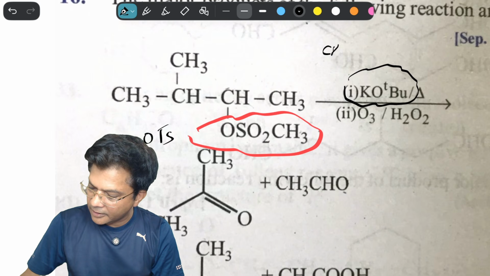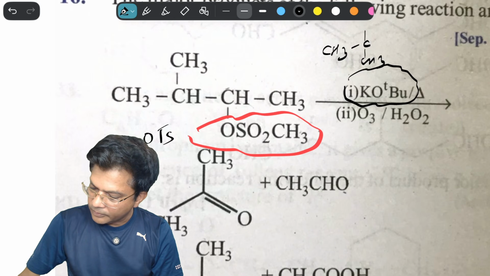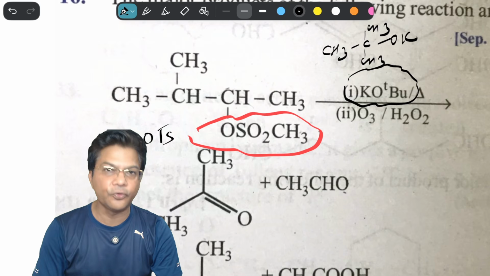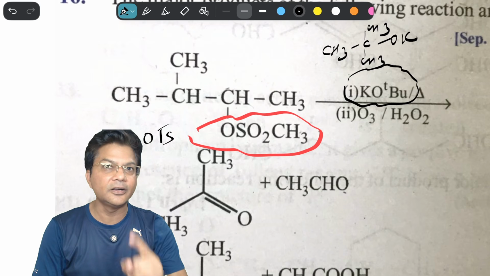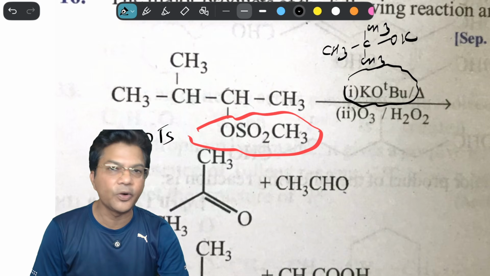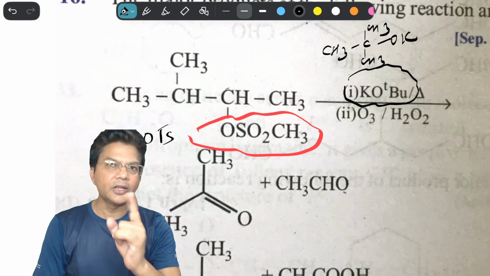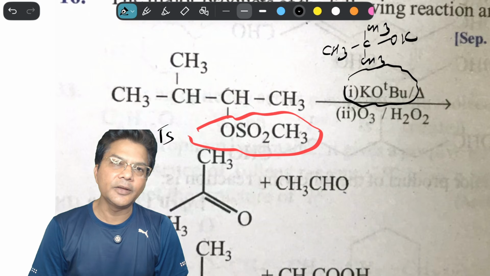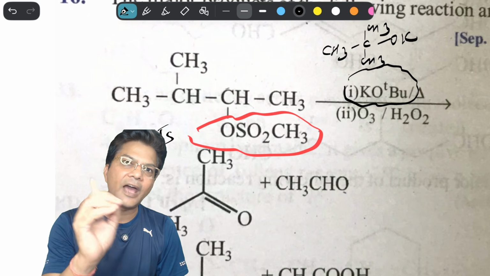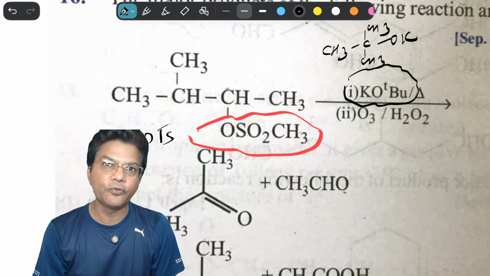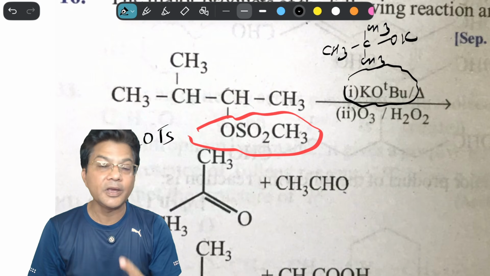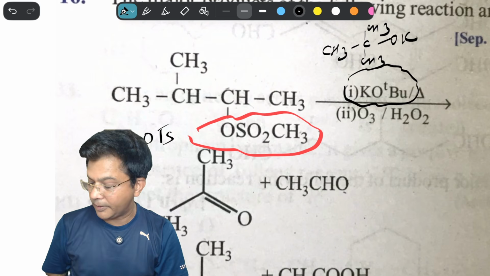So now you see this is a sterically hindered base. Why sterically hindered? If I decode it, CH3, CH3, CH3, OK. It can't act as a nucleophile. It is sterically hindered, so always Hofmann product is major. Otherwise, if normal RO negative would have been given, it could have acted as a good nucleophile or good base, then Saytzeff product would have been the major product, but here Hofmann product will be the major.